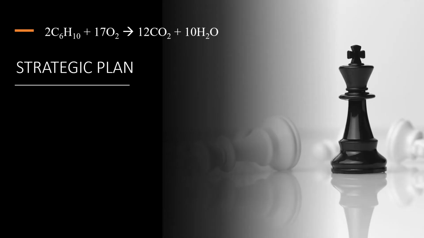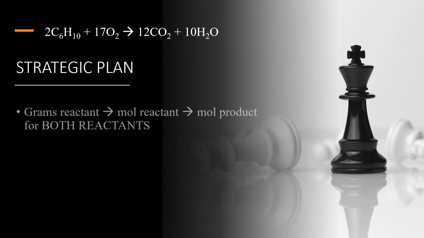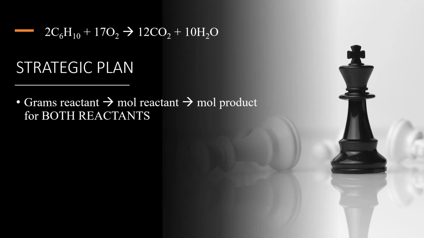We also need a strategic plan. We are going to go from grams of reactant to moles of reactant to moles of product for both reactants. How do we get from grams of reactant to moles of reactant? Well, of course, we use the molar mass, and we get from moles of reactant to moles of product using the mole-to-mole ratio. We have to do this for both reactants.